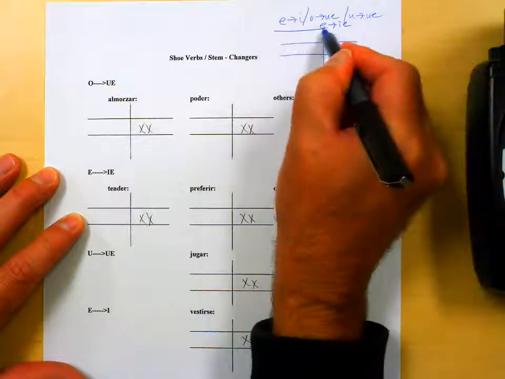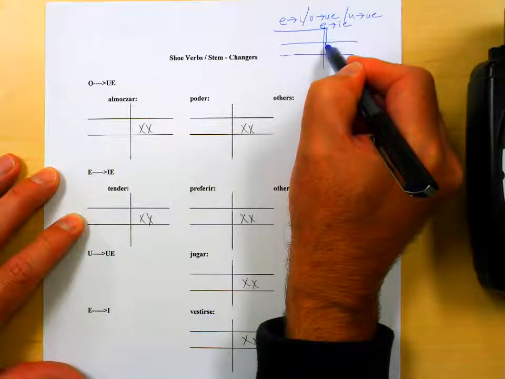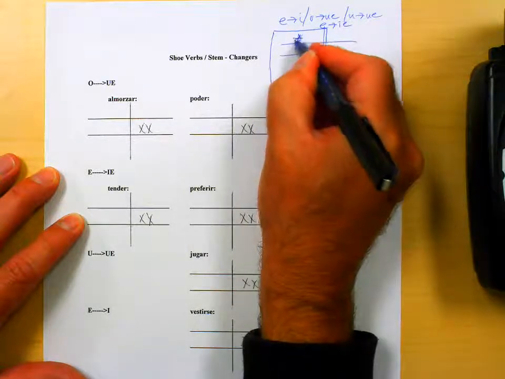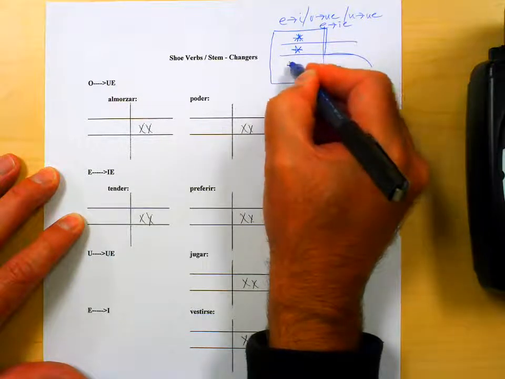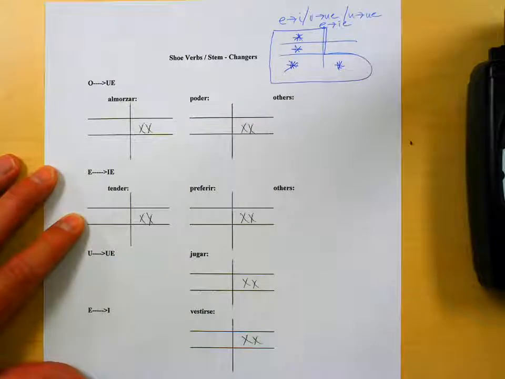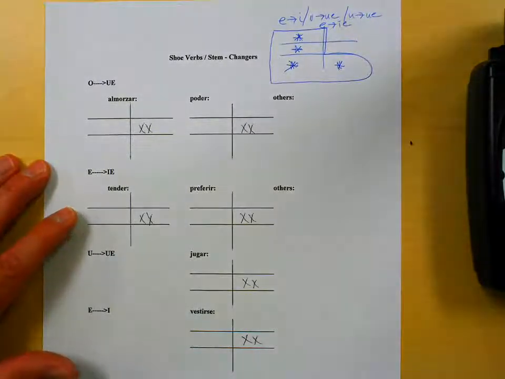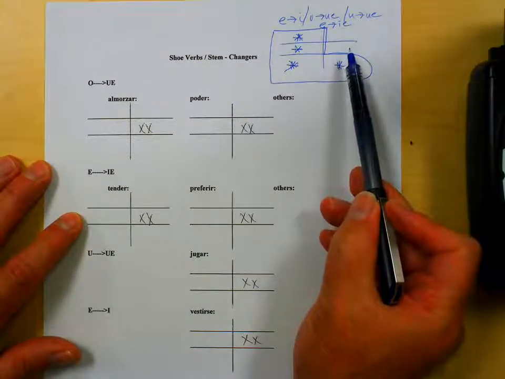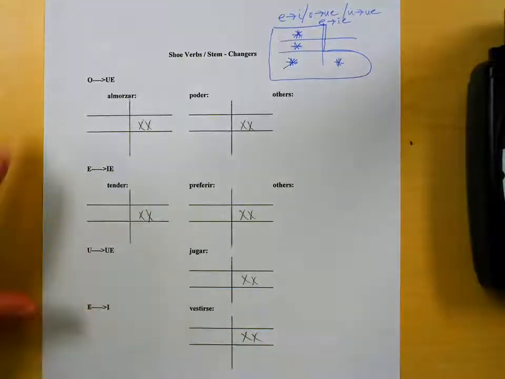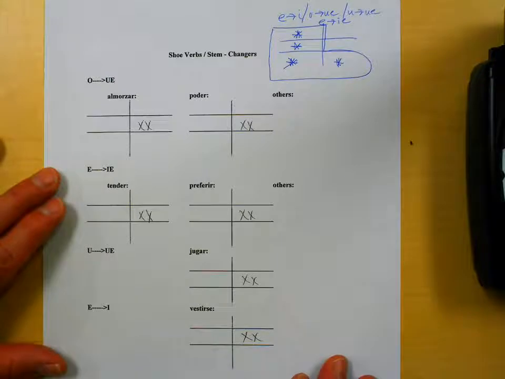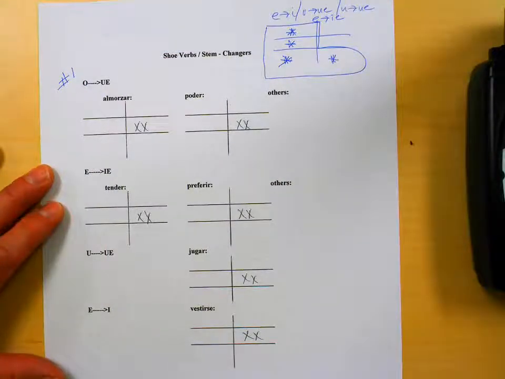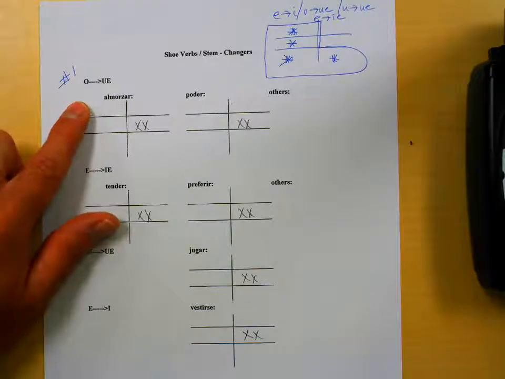And it only happens, guys, I'm going to draw a little shoe of where it happens. It happens in the yo box, the tú box, the ella usted box, and the plural, ellos, ellas, ustedes box. It never ever hits nosotros or vosotros. They stay normal. So let's go back. Let's kind of jump down for just a minute. Well, not quite. We have 4 types of shoe verbs. We have verbs that go from O to UE.